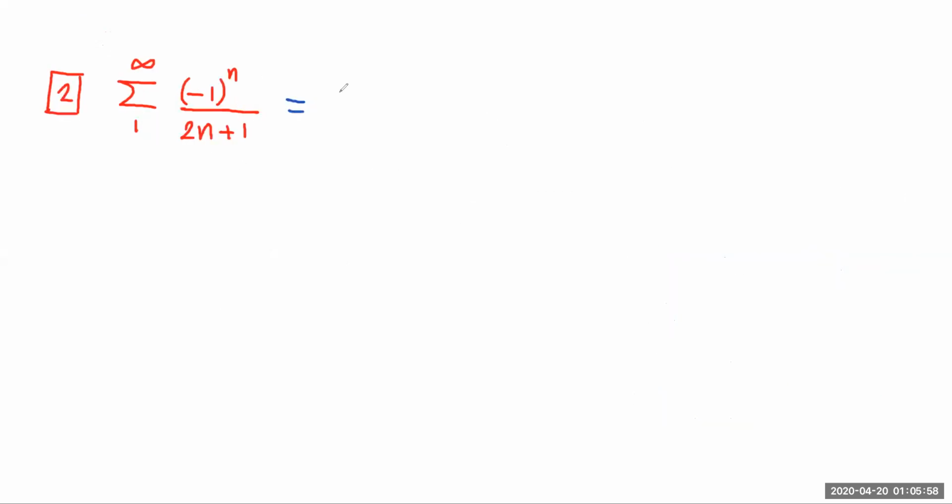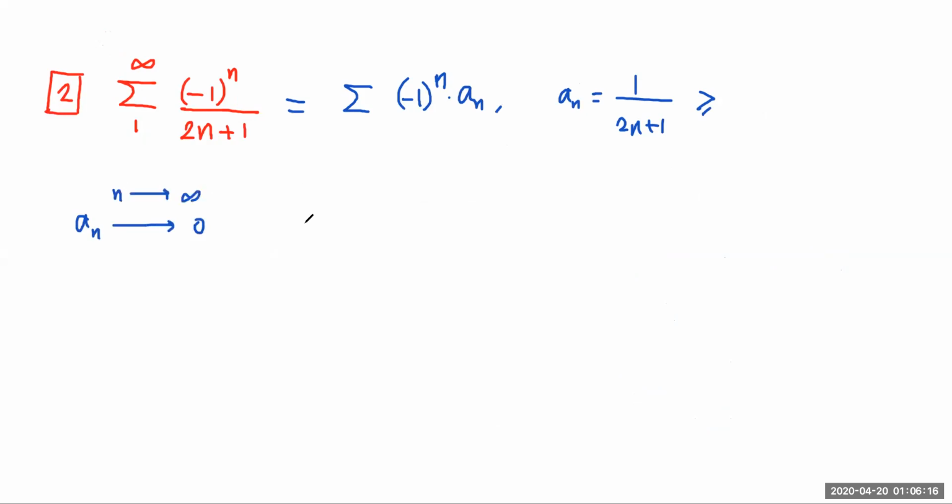Let's take the second example. In this example, suppose this series is minus 1 power n times an, where an is 1 over 2n plus 1. So this is positive, and also an goes to 0 when n goes to infinity.